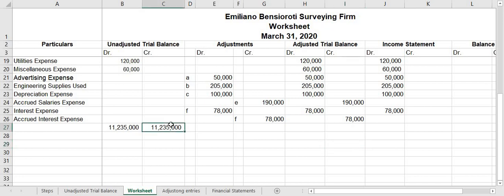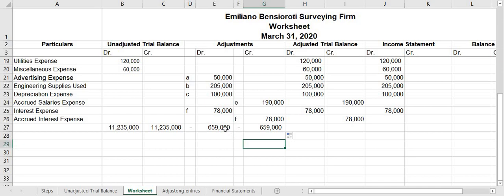As you can see in our unadjusted trial balance, it is correct. Debit and credit are equal. Let's try it in our adjustment column, to see if the total debit and total credit are correct. As you can see, they are.